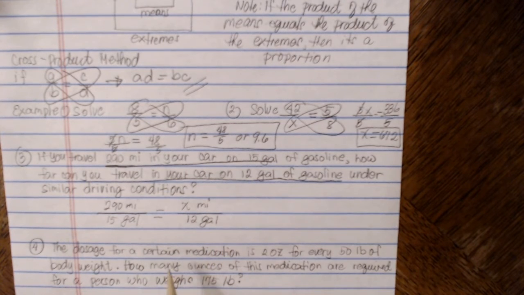This is very important, guys. When you set up a proportion, be sure that it's consistent. Consistent means if it's miles over gallons on the ratio on the left, the ratio on the right must be miles over gallons. You cannot say gallons over miles because that would be a mismatch.